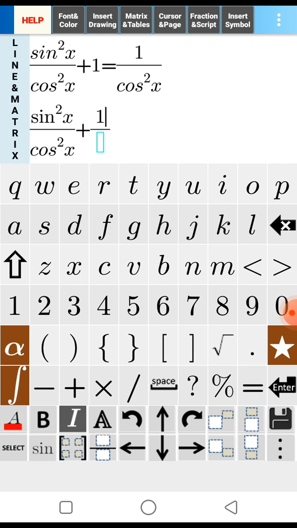We're dividing by 1 so that we can find the lowest common multiple. All of this is equal to 1 divided by secant square x.